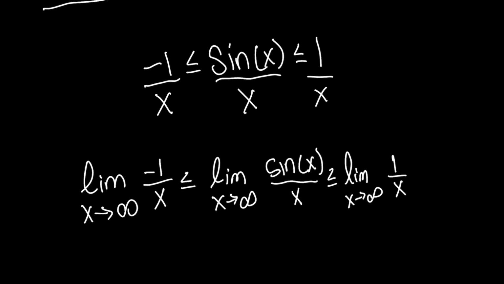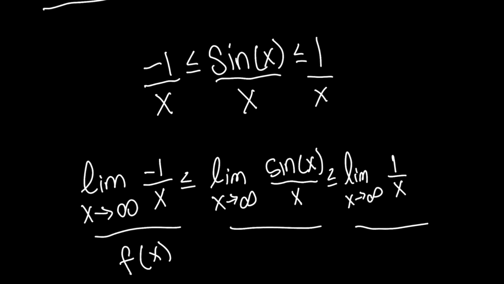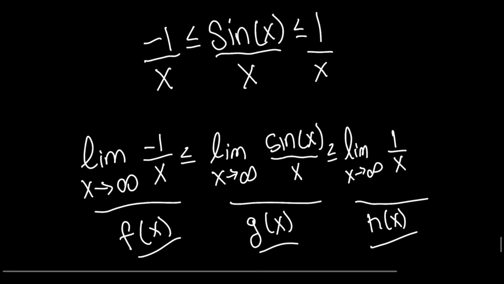All right, and now we take the limit of all three of them. Keep in mind that this is our f of x, this is our g of x, and this is our h of x, like we were given in the definition. If we can show that the f of x and the h of x equal the same limiting value, then the g of x must follow.